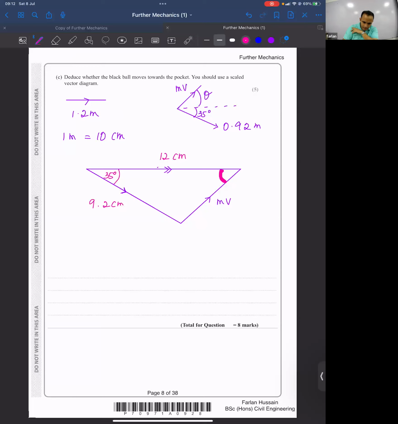So I'll mark this angle theta. You do the diagram and tell me what is theta.